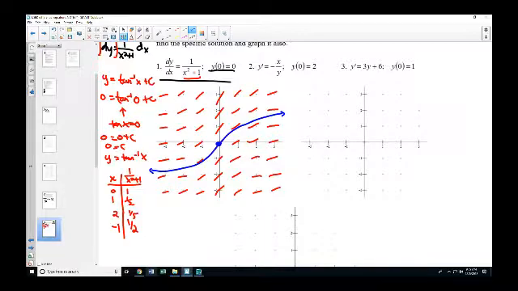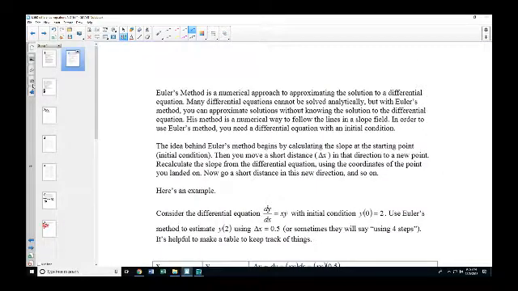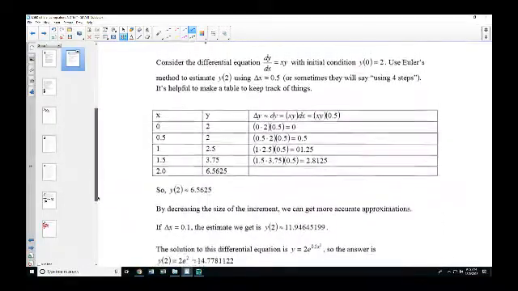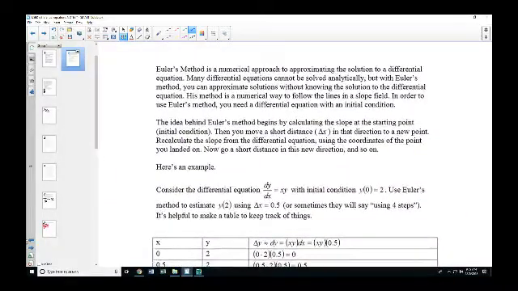Okay. All right. So that's all from last year. Okay, solving differentials. Euler's method. Okay, let me start back. You know how to do a linear approximation? Yes.